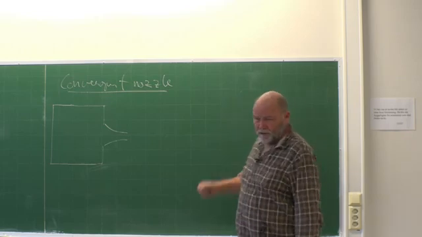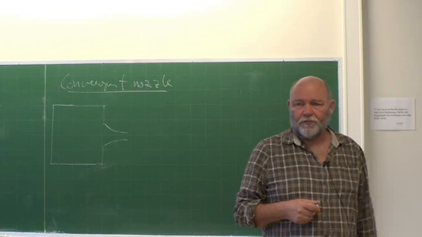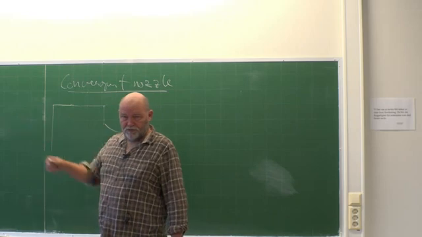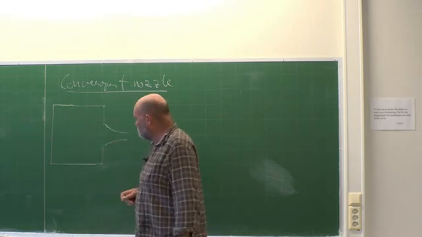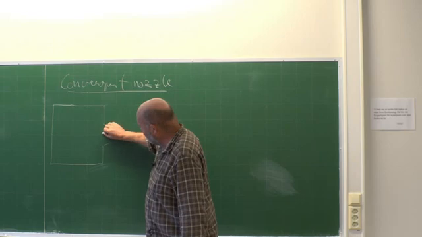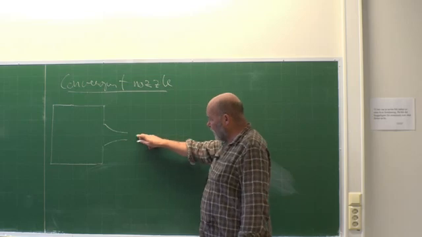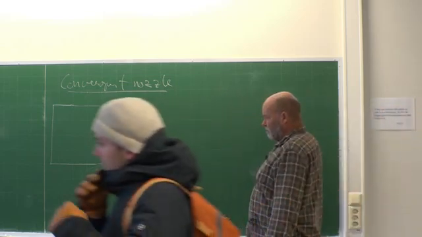Of course, when you are going to fight this exercise, you don't have an infinite huge reservoir, so you are going to start here and then go through a convergent nozzle and then a divergent nozzle and then an opening.